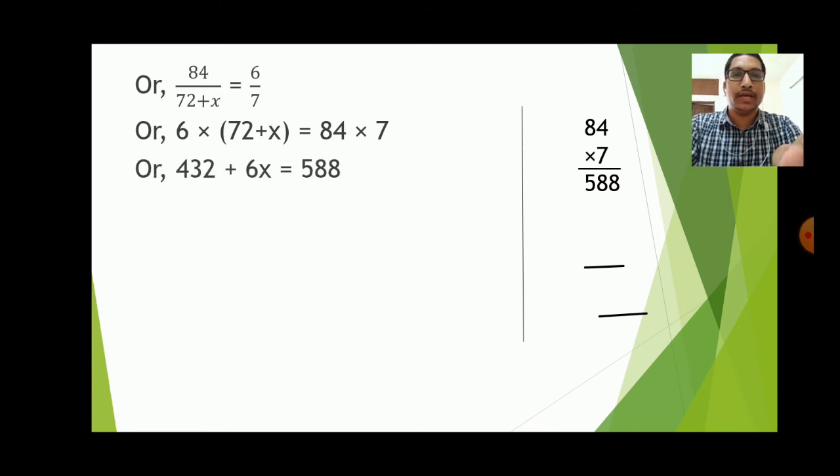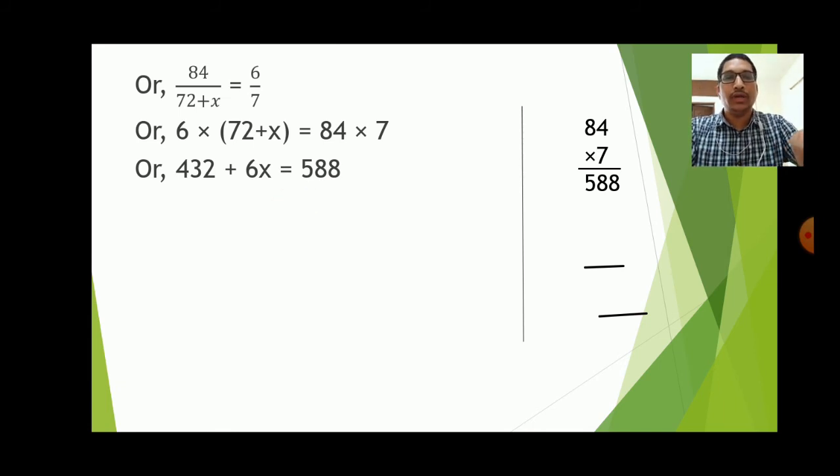At first we multiply 72 and 6. Then it will be 432, and 6 and x will be 6x. So this equals 84 times 7, which is 588. Now it is an equation.